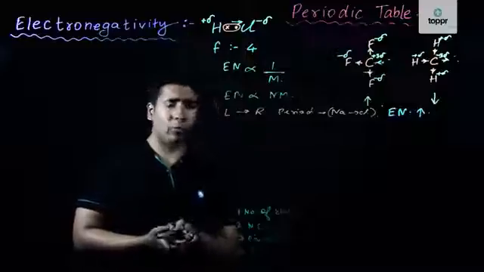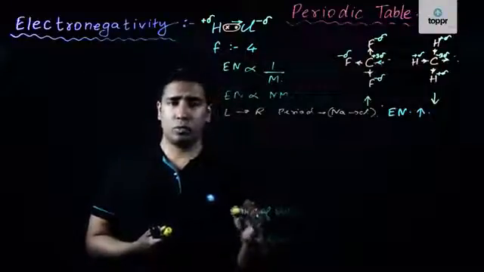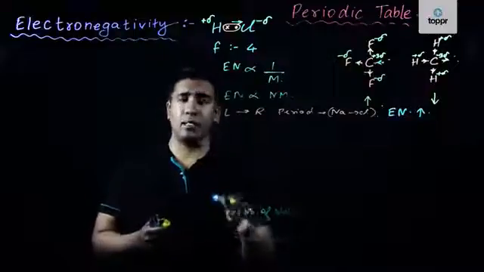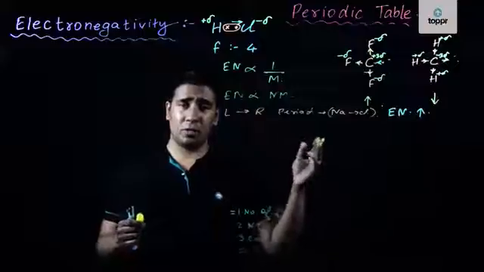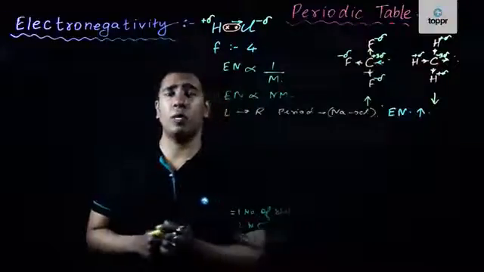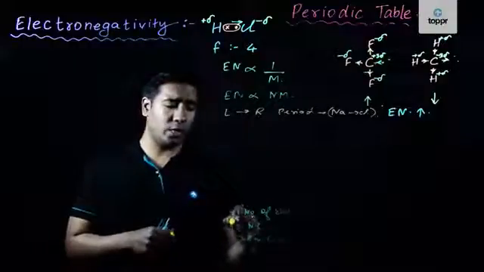As we go from left to right in the periodic table, the number of shells remains the same, so this is no longer a differentiating factor between the electronegativities of sodium and chlorine. Next, we talk about nuclear charge. As we move from sodium to chlorine, the nuclear charge keeps on increasing.